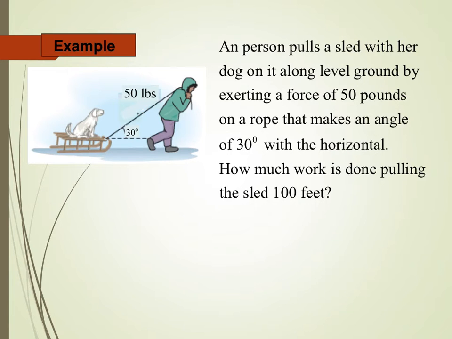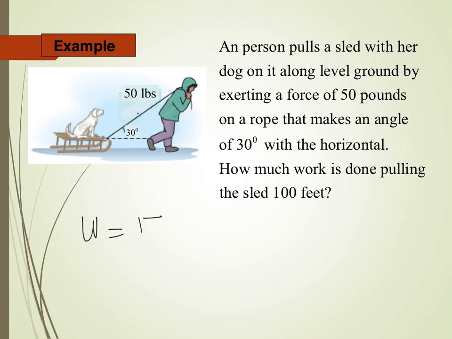So here's an example of that. The work done by a force F moving an object from A to B, remember, is the magnitude of that force in the direction. When we're pulling, we're going to use the dot product.